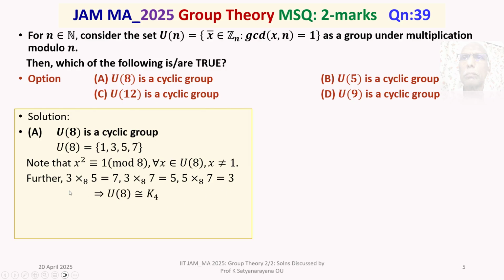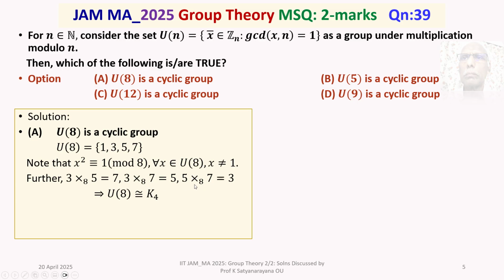So that means every element other than the identity, its square is congruent to 1 mod 8, and multiply any 2 of 3, 5, 7, you will get the third element. 3 into 7 is 5, 5 into 7 is 3. So these are some of the properties I am saying.